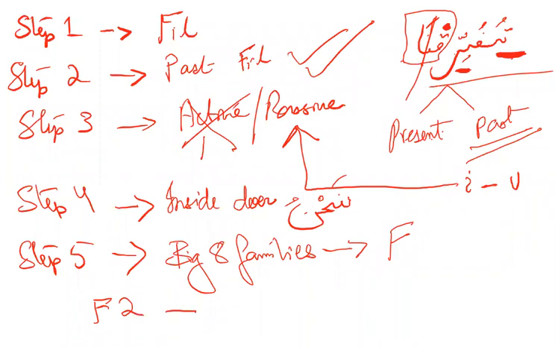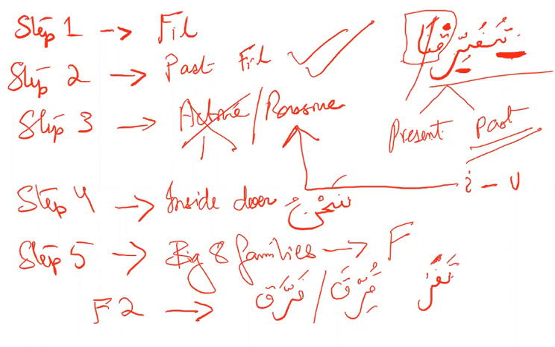F2 would have been, you have tufurriqa here, right? So does family 2 start with ta? No. So it would be farraqa yufarriqu, or furriqa, because we are doing passive and active.